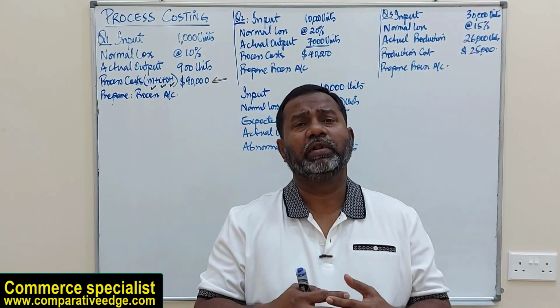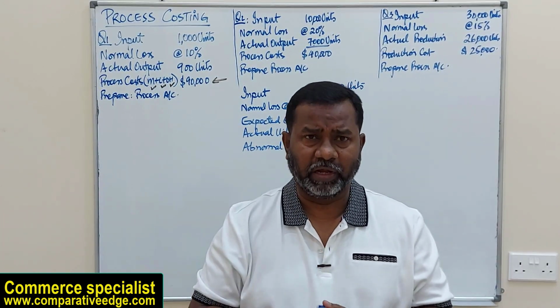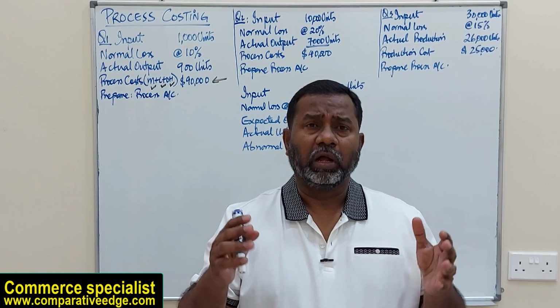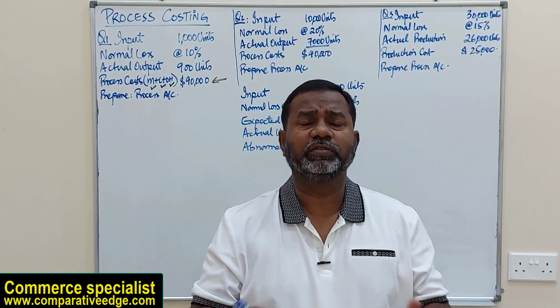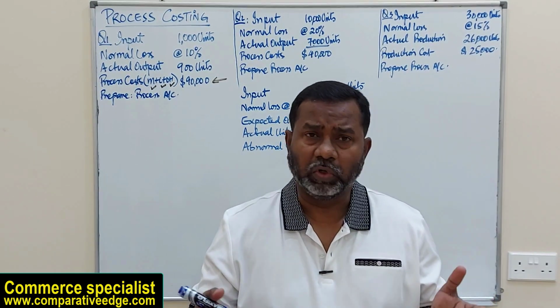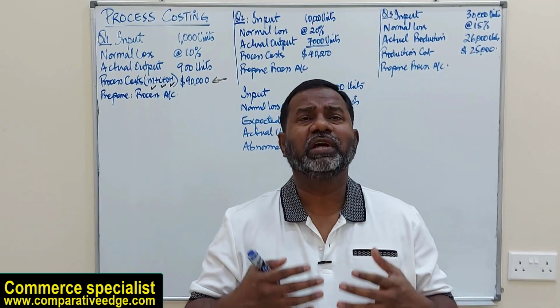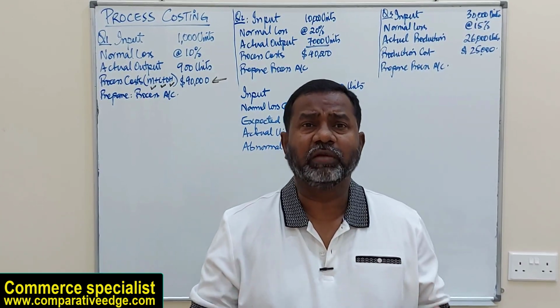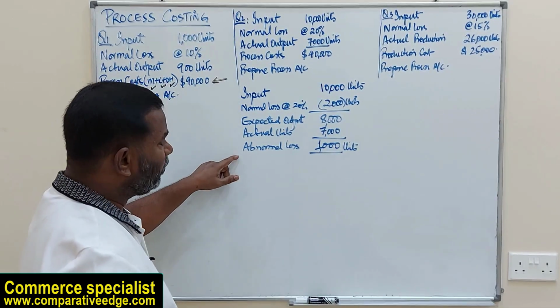But one day you were on a signal and a car banged your truck from the back. Out of 100 crates, not 10 crates, but 50 crates were lost. Is this what happens every time? No. This is something which is unusual. What is unusual is not what we are mentally ready for. So that is called abnormal loss.